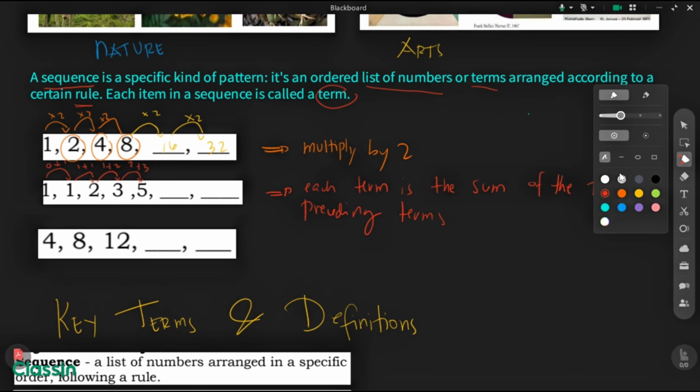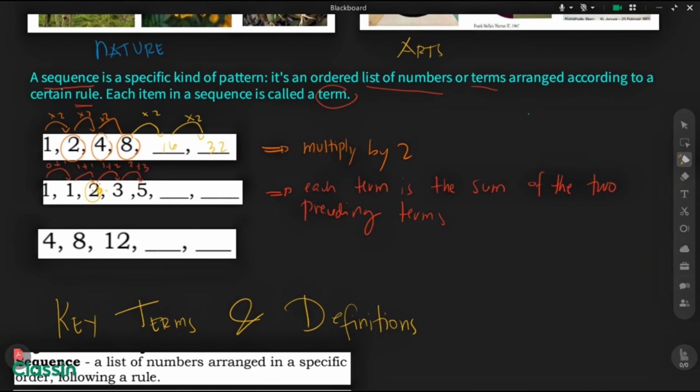So let's continue the process. Here we are done with 1 plus 1, which is 2; 1 plus 2, which is 3; 2 plus 3, which is 5. Now, what is the next step? We have 3 plus 5, which is 8. And the last one will be 5 plus 8, which is 13.